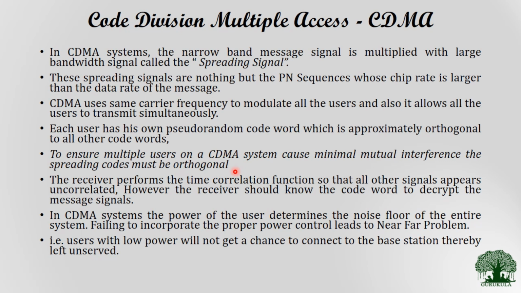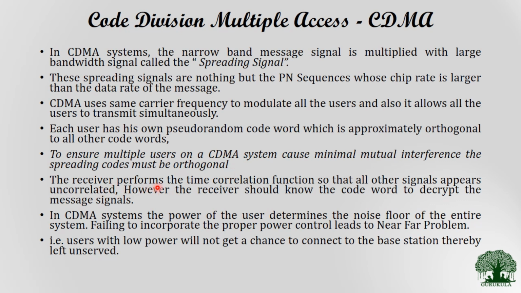So bringing in orthogonality among the codes is very important, and it is mandatory to have orthogonal codes in the system. Code A and code B should be orthogonal to each other. No matter how many codes we are using, we should have orthogonality among the codes that we use for transmission and receiving purposes.